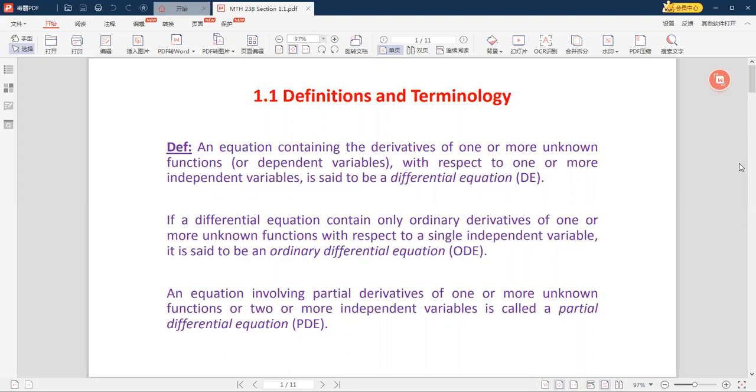Then we only have ordinary derivatives, dy over dx, or y prime, or y double prime. But you only have one independent variable. So that's called an ODE, or ordinary differential equation.